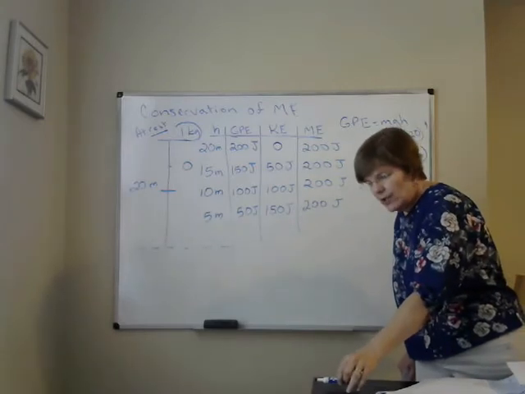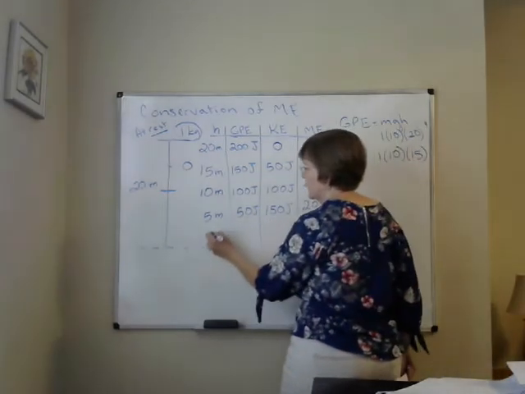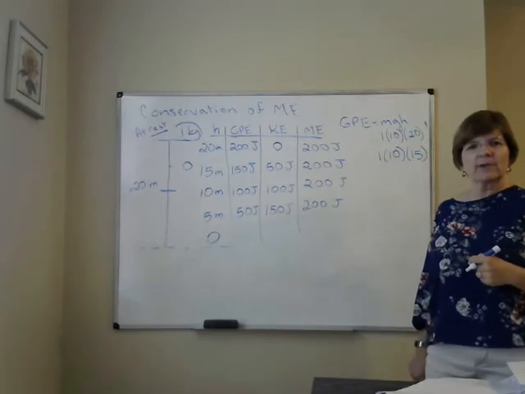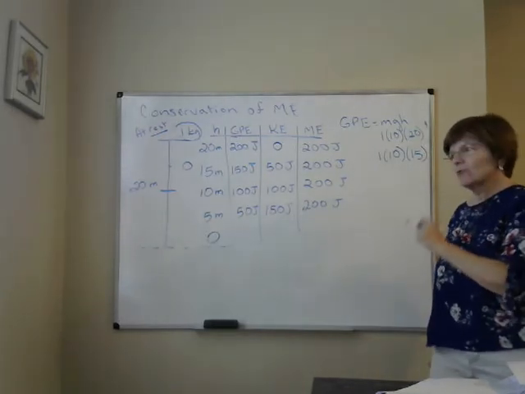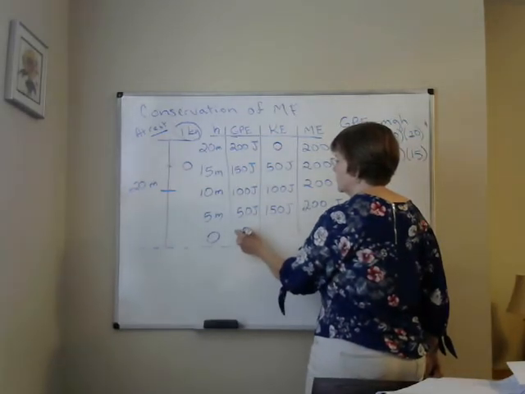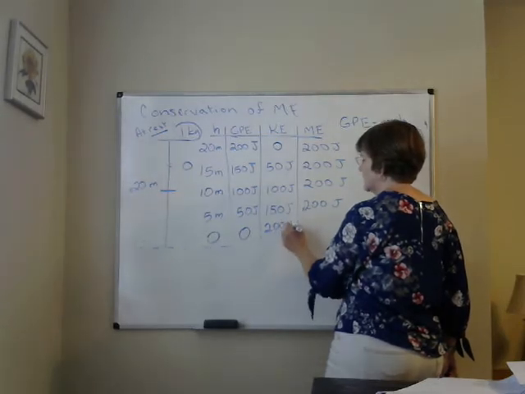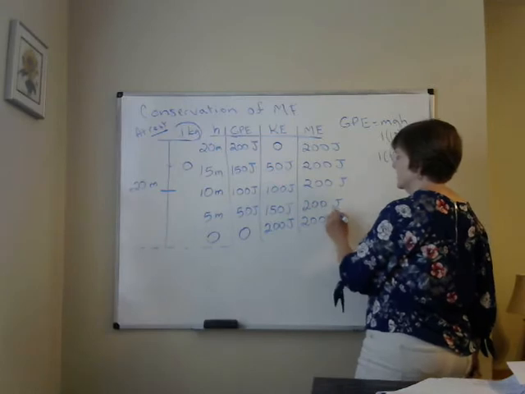I mean just before it stops. So we're going to just say a hair's width above 0. So close to 0 that 0 is a good answer, but it hasn't actually stopped yet. That has a gravitational potential energy of 0. All of the energy is kinetic for a total of 200 joules.